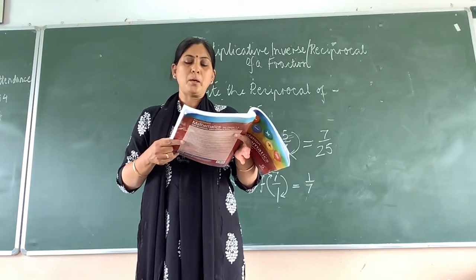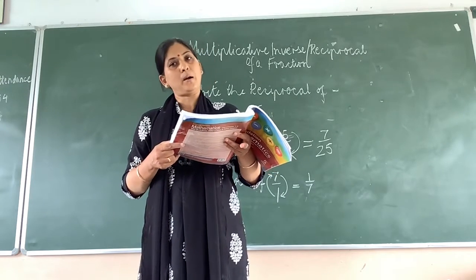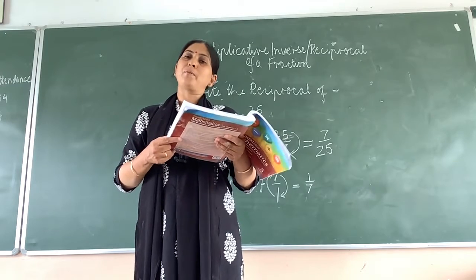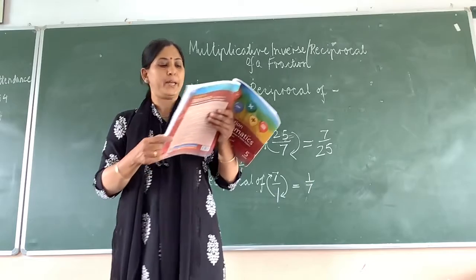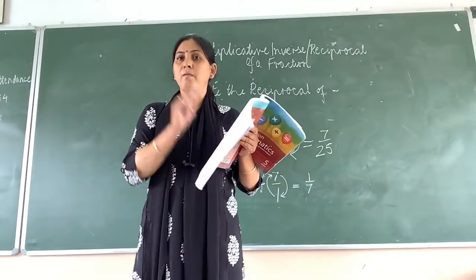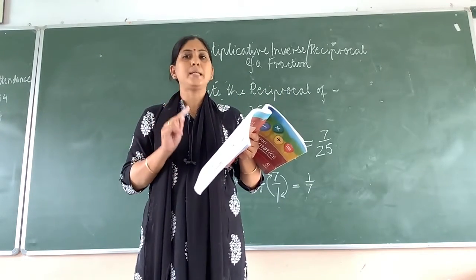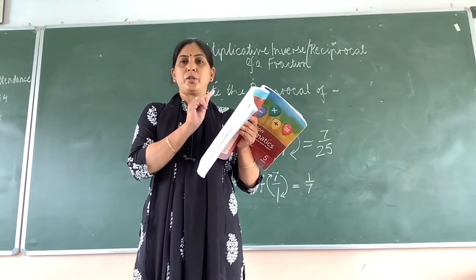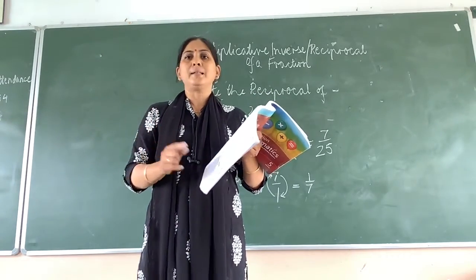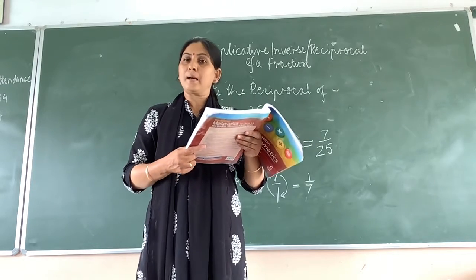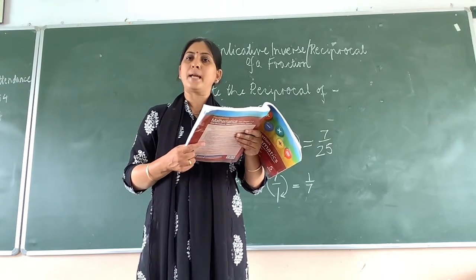Few are whole numbers, few are fractions, few are mixed fractions. Question B we will do in the mathematics notebook, and question A you will solve in the book. That's all for today. Complete the work that I am going to send today.